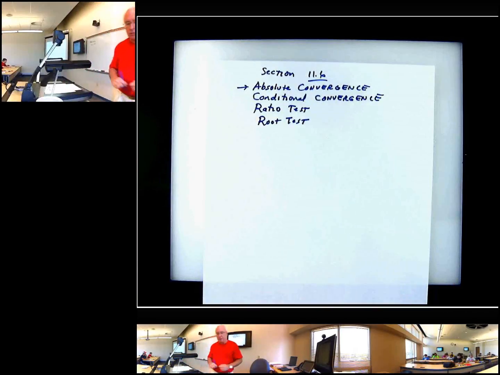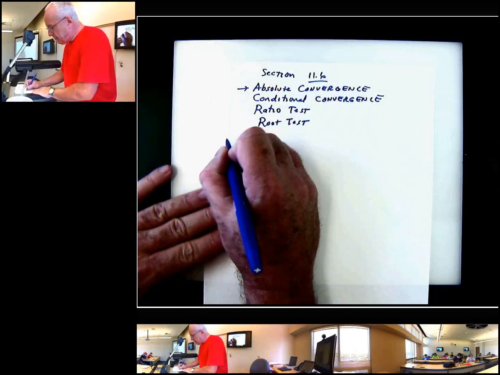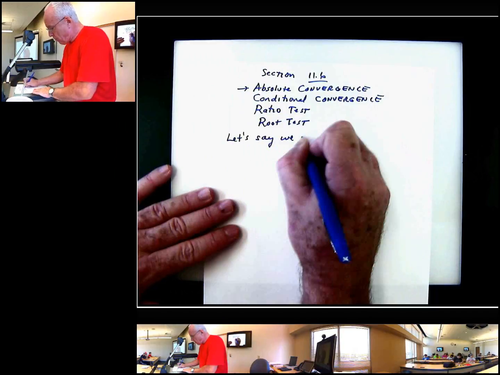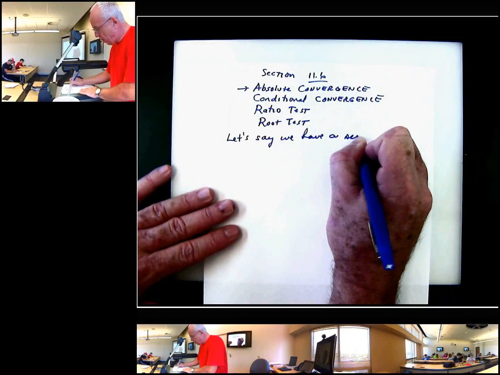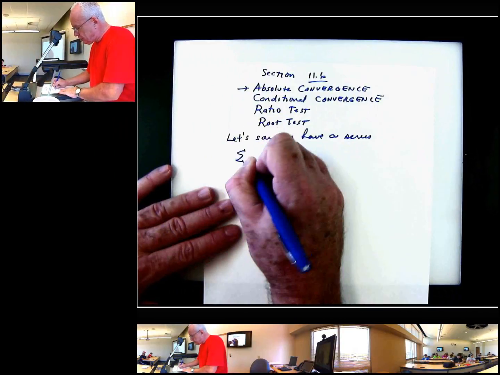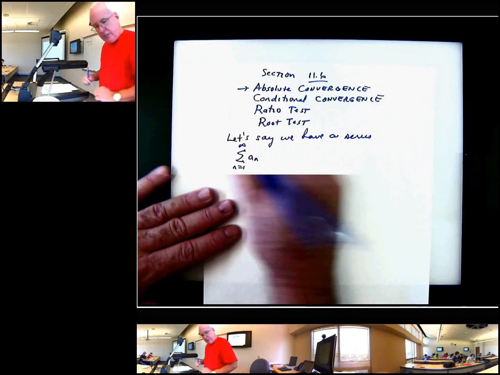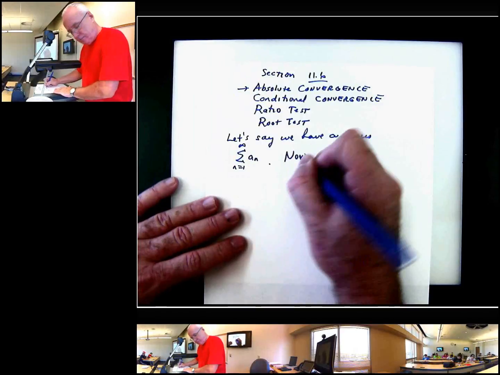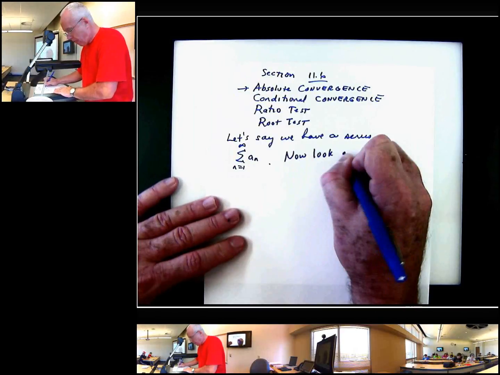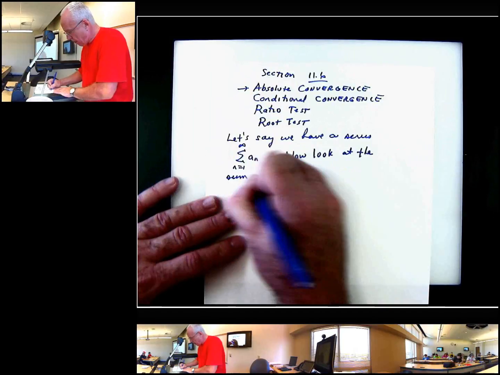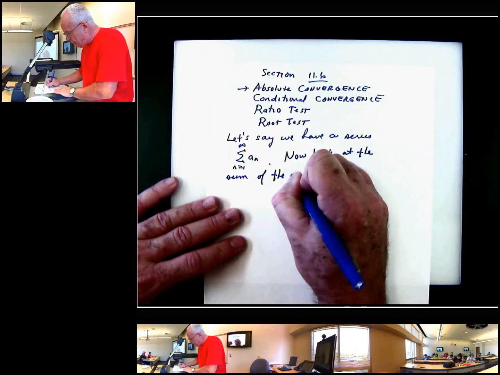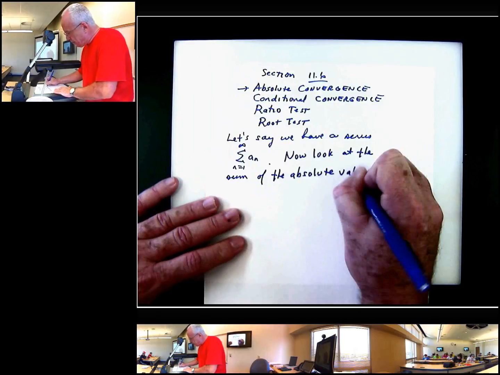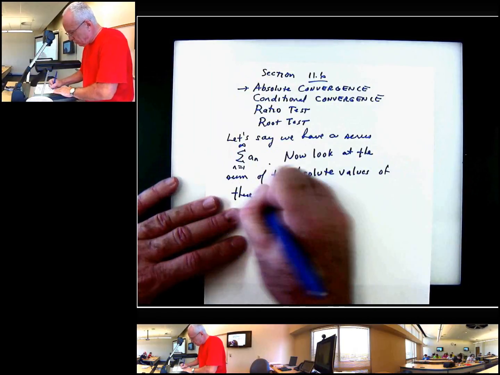absolute convergence. Let's say we have a series, we'll just call it the generic summation of a sub n, as n goes from 1 to infinity. Now look at the sum of the absolute values of these terms.